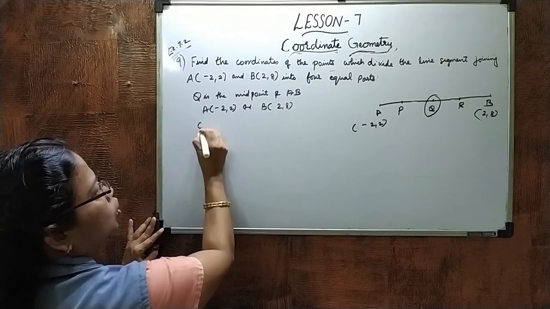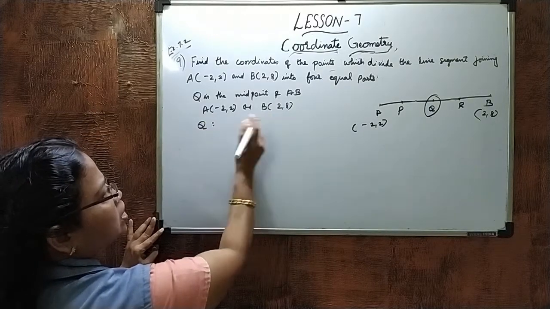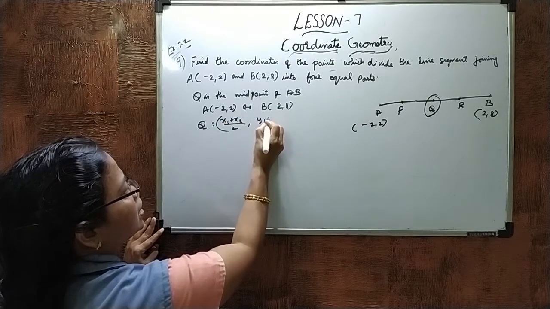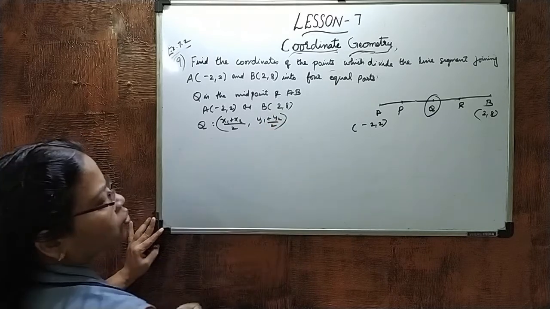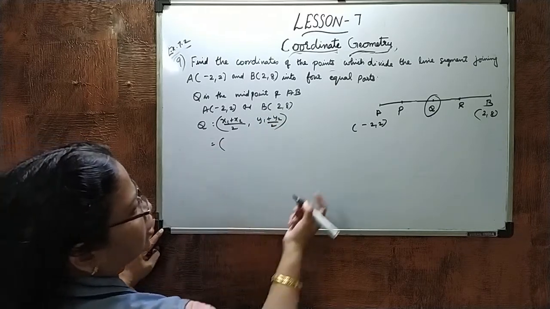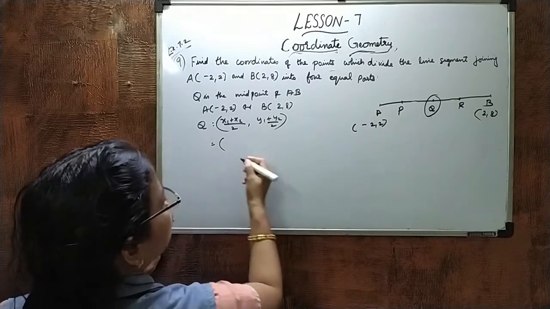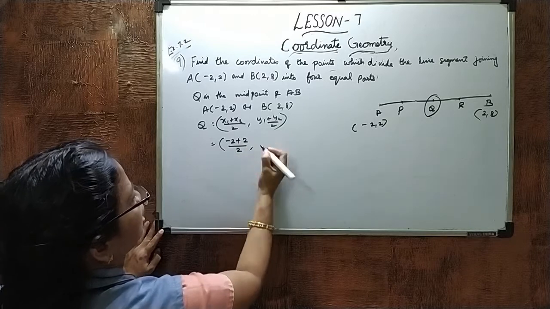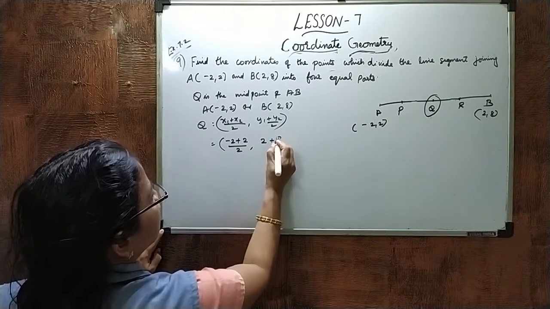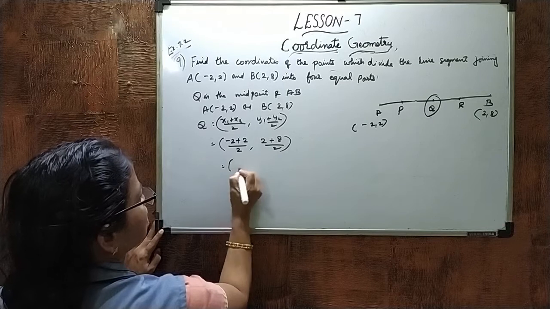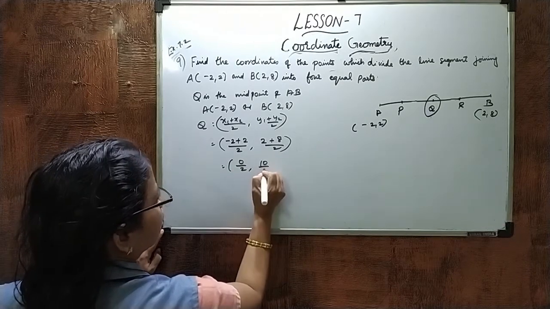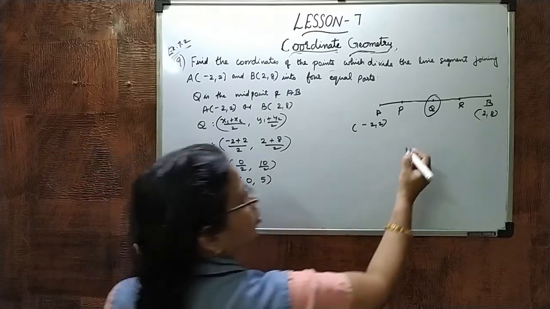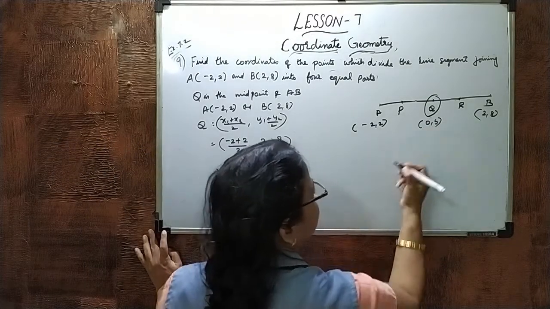So for Q, how will you find out? (x1 plus x2) by 2 and then (y1 plus y2) by 2, right? Here this one x1, y1, there x2, y2. x1 is negative 2 plus 2 divided by 2 and y1 is 2 plus 8 divided by 2. That means 0 by 2 and 10 by 2. That means it will be 0 and 5. Now Q's coordinates are 0, 5.